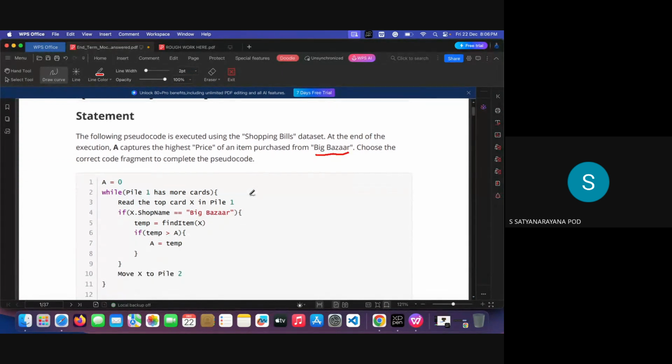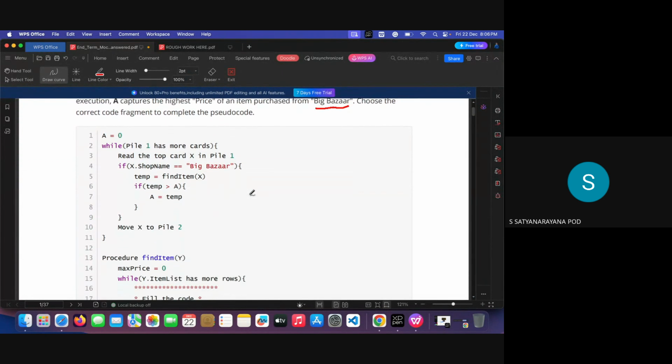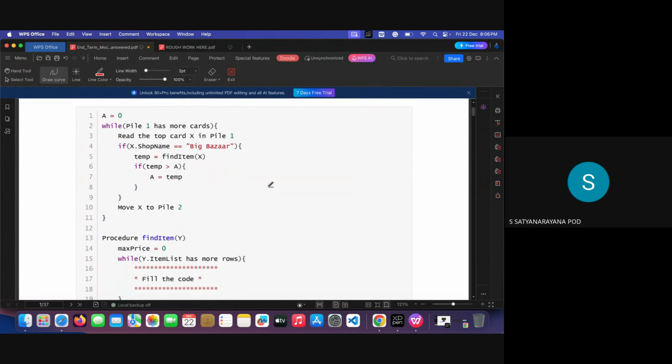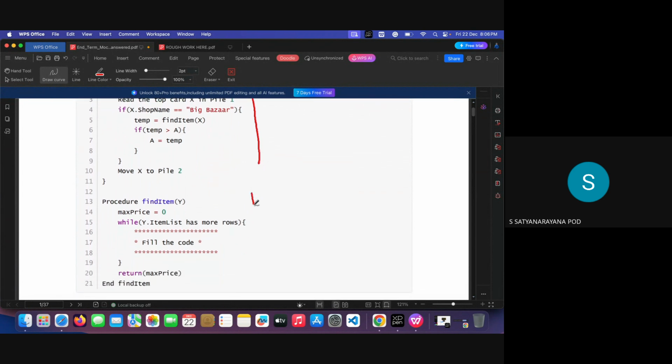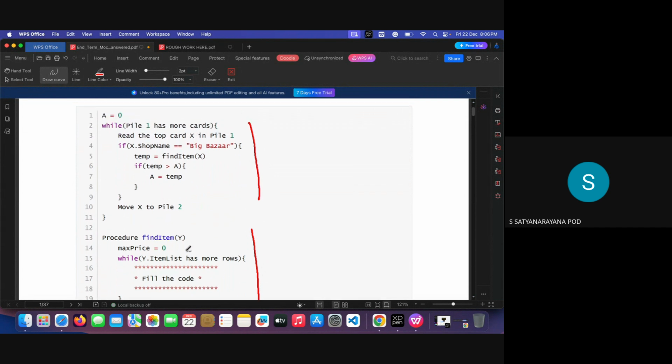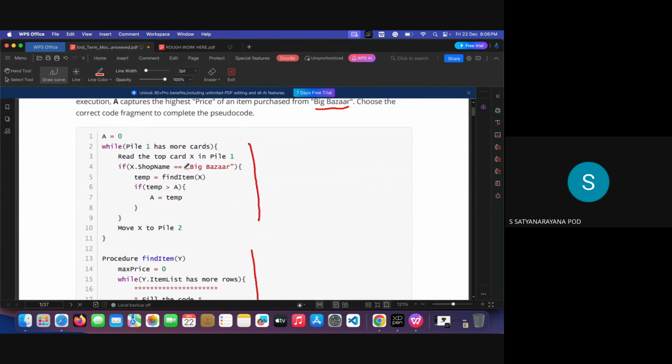Look at this here. The main procedure is there. This part is the main procedure, and this part is a sub procedure. This find item is used by the main procedure. We look at each card from the shopping bills dataset we are reading.